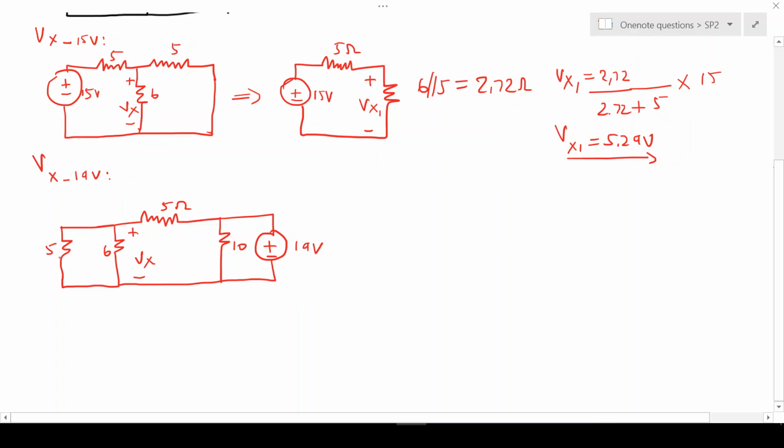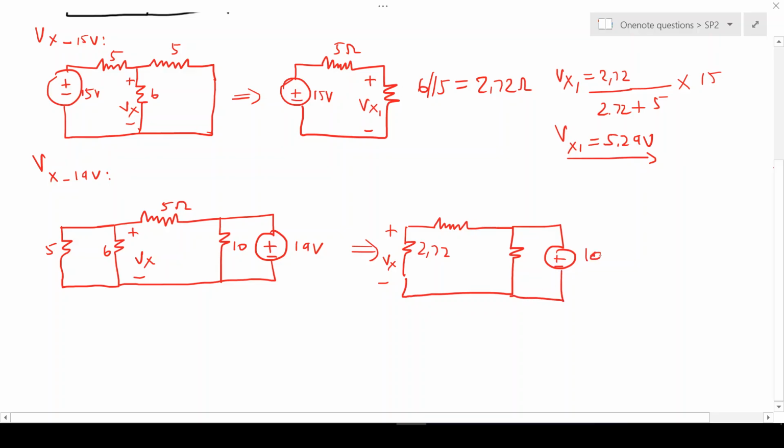So that will be 6 in parallel with 5, which then should give us a value of 2.72, and the voltage there will be the voltage Vx, and that will be connected in parallel to the 19-volt source.